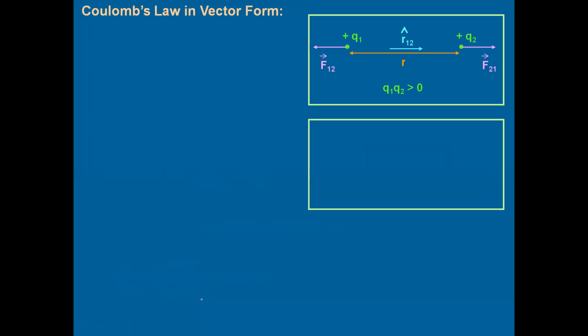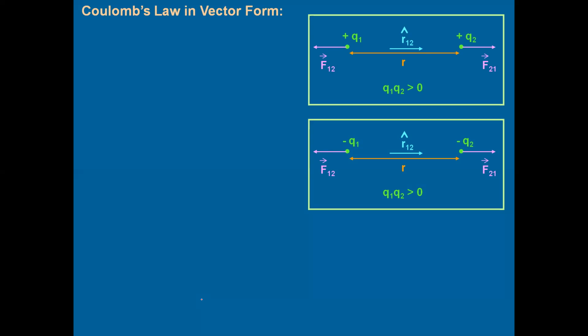Now I'm going to show you another example where also the product of charges is going to be greater than 0. How is that possible? I'm going to take two negative charges. One is minus Q1, another one is minus Q2. Here also the direction of force will be the same. That is, if two charges are like charges, then the direction of force will be away from the charges.